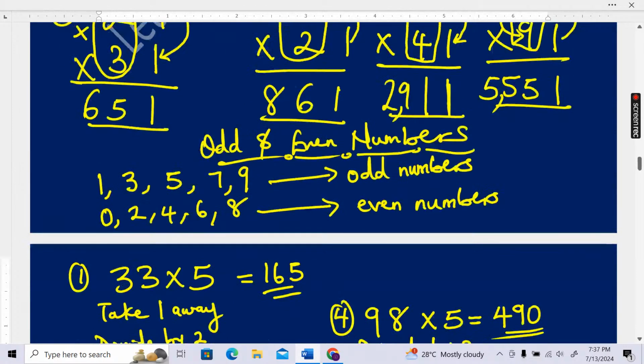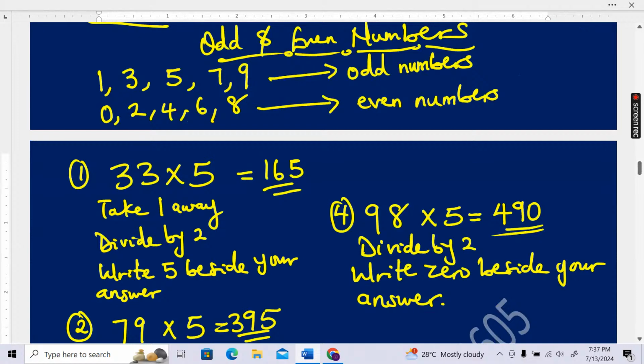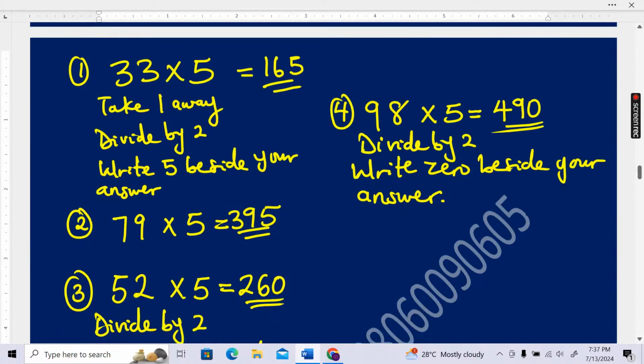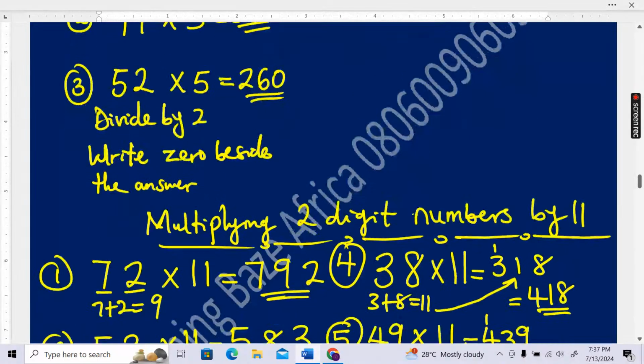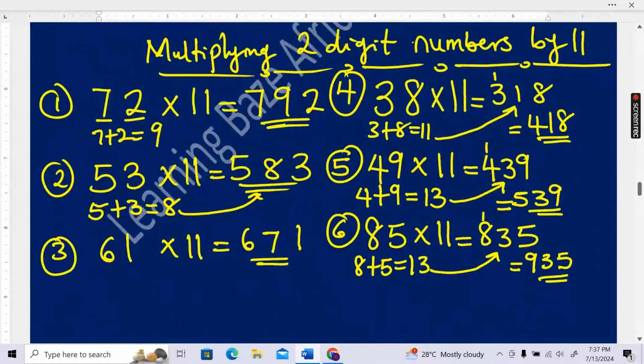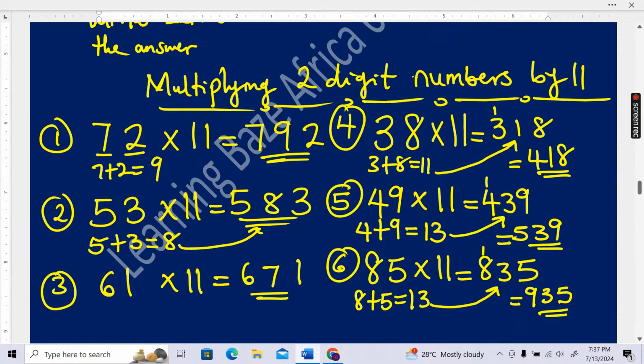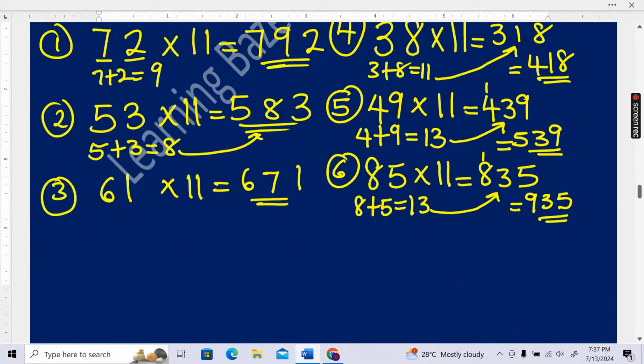We've also learned more about odd and even numbers and how to multiply odd numbers and even numbers by 5 without using a calculator or without using a pen on the book. And right now, we just learned how to multiply two-digit numbers by 11 faster.